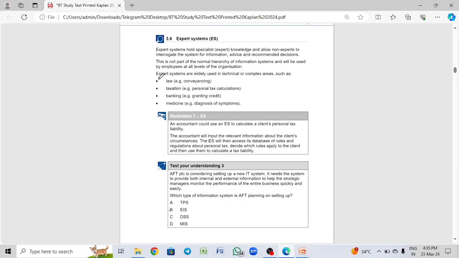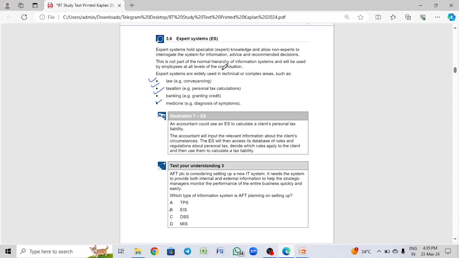Okay, expert systems are widely used in technical or complex areas such as the law, the taxation, the banking, the medicines. Okay, and this is not a part of the normal hierarchy of the information but will be used by employees at all the levels of the organization. Generally, we have all our legal advisors or expert advisors, but where they are not available, for example in a small organization, so ES can be used, expert systems can be used.